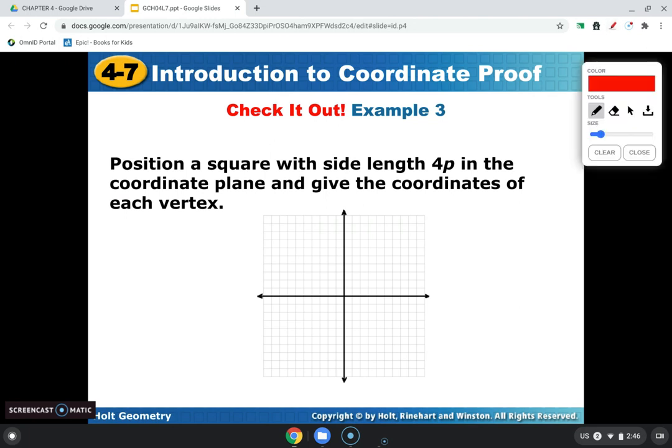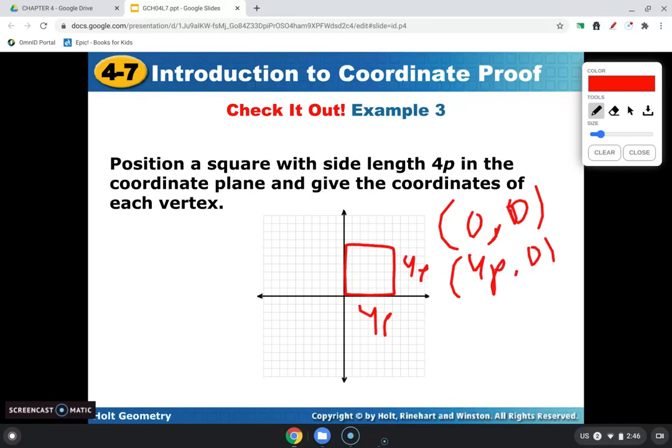Let's try another one here. Square of 4p. Well, we know a square has a right angle there. So all the side lengths are 4p. So we could go 0, 0, 4p, 0, 4p, 4p, and 0, 4p would be those 4 coordinates of the vertices.